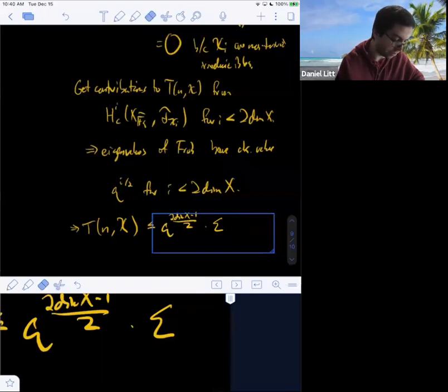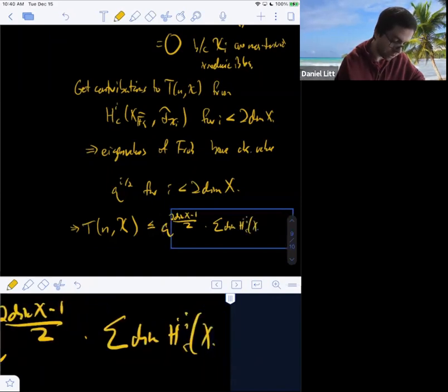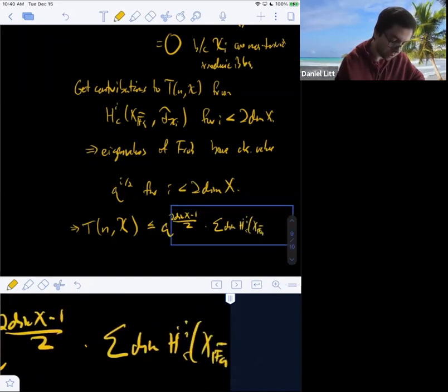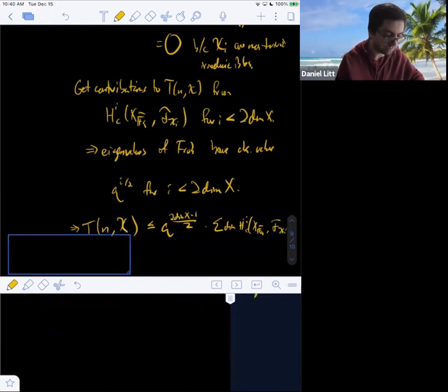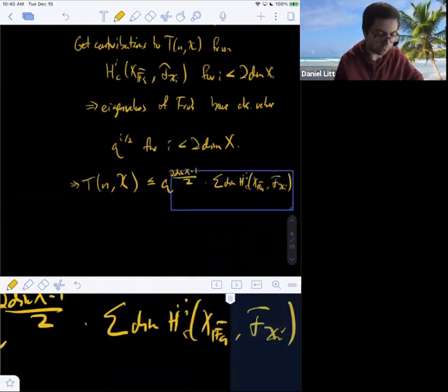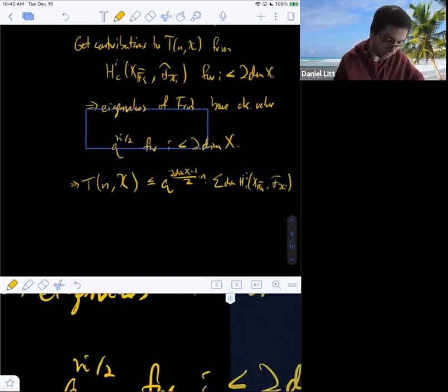So the sum of the dimensions of H^I at compact support of x F_q bar, F chi I. Okay, and this is some absolute constant. Sorry, and there should be an n here. Yeah, and there should be an n here also. Sorry about that.